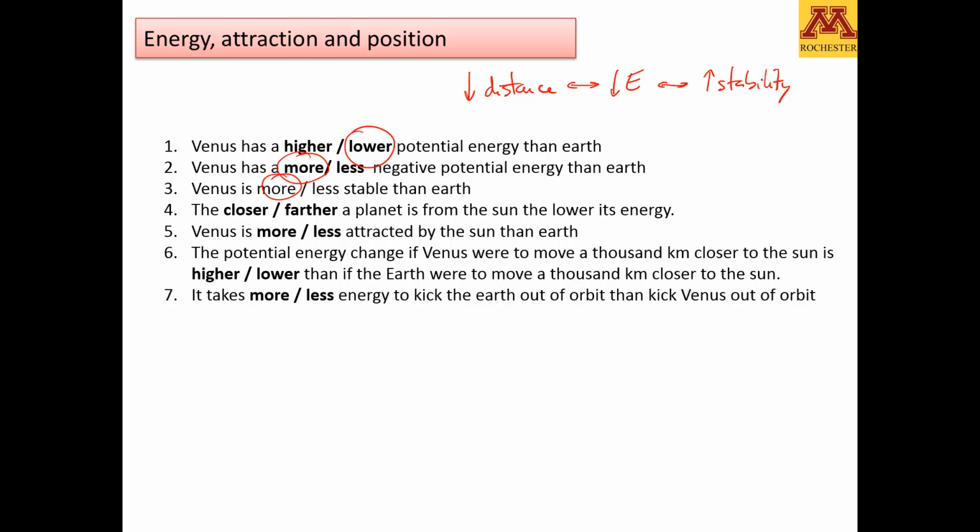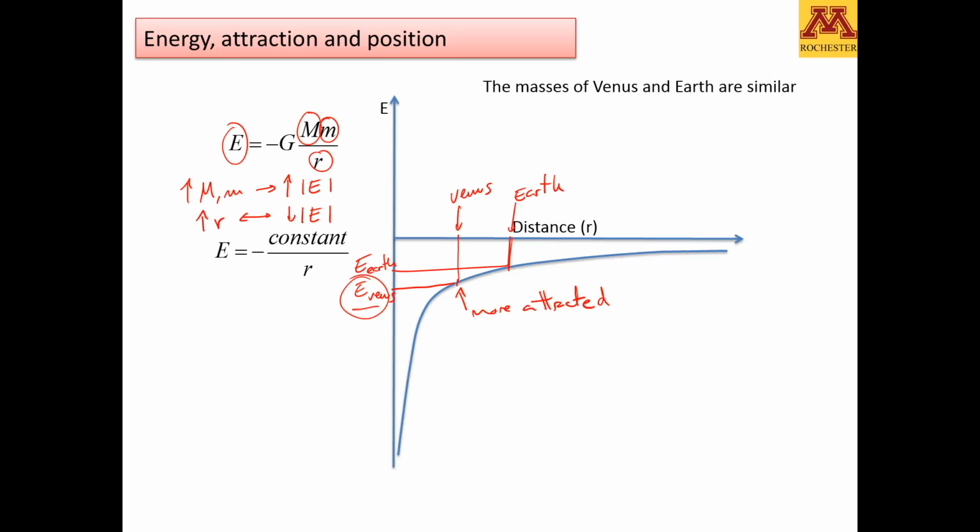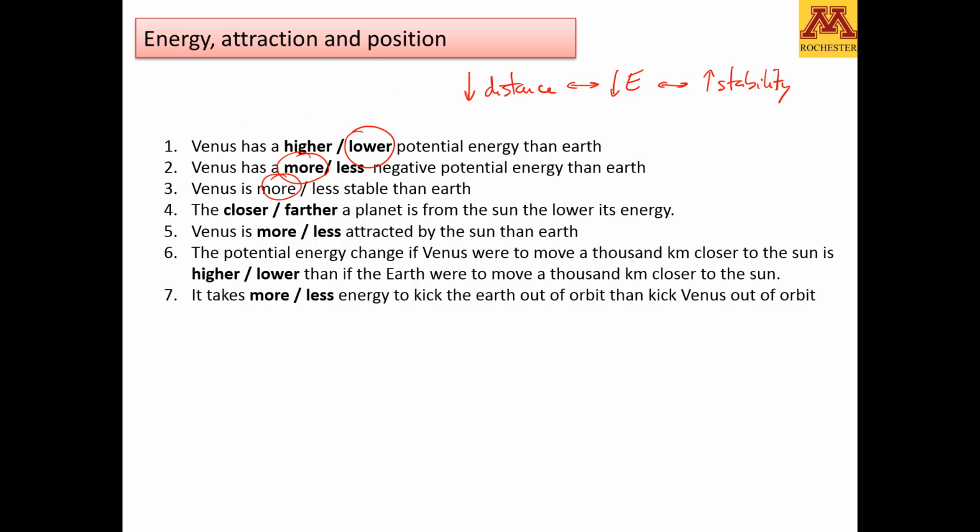All right. So the closer or the farther a planet is from the Sun, the lower its energy? Well, we just said that as it gets closer and closer, the energy gets smaller. It gets more negative. So the closer the planet is to the Sun, the lower its energy, the more negative the energy is. So is Venus more or less attracted by the Sun? It'll be more attracted.